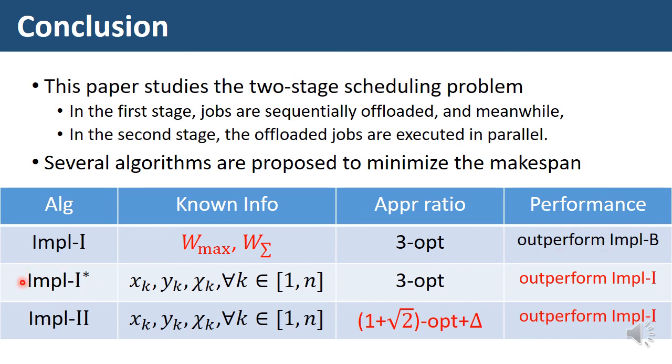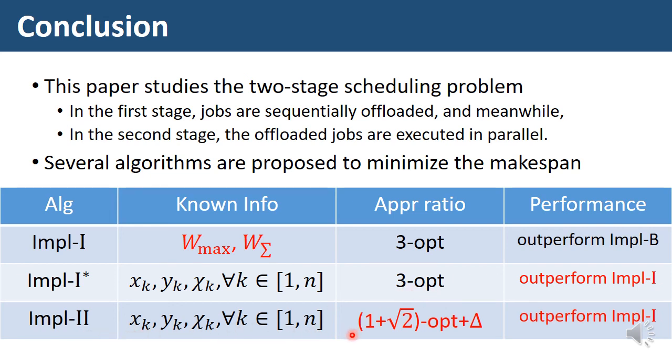Moreover, implementation 1 star and implementation 2 need to know the parameters of each job in the job set. Implementation 1 star also has the 3 OPT approximation ratio, but it sorts the jobs in the job set and can get a better makespan bound.